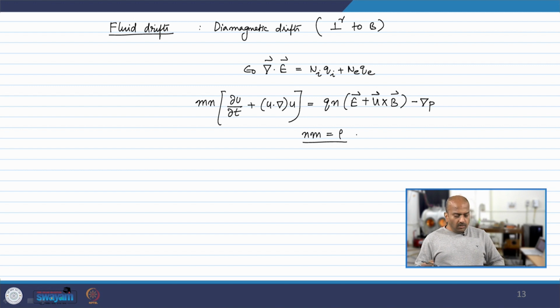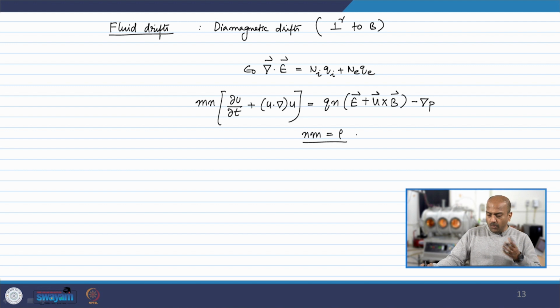Now, this is one equation for the electron, and we can write another equation for the ion. So, in effect we have two equations. We have to consider the plasma as a mixture of two interpenetrating fluids, one electron fluid, another the ion fluid.